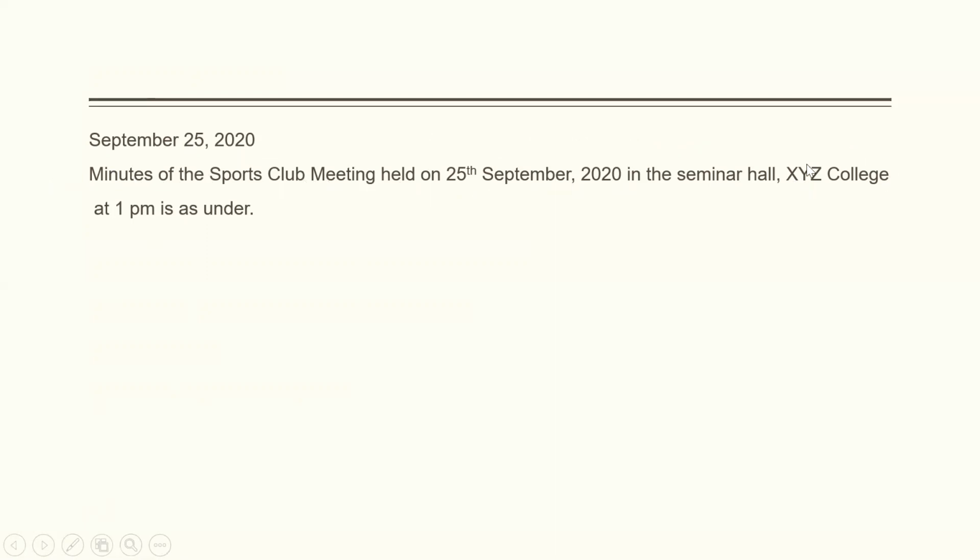As I've already told you in our previous discussion, we are not to disclose our personal matter. So I have included here XYZ College at 1 p.m. is as under. So this is the place, the time, the date, and the details provided. You have to provide these details.